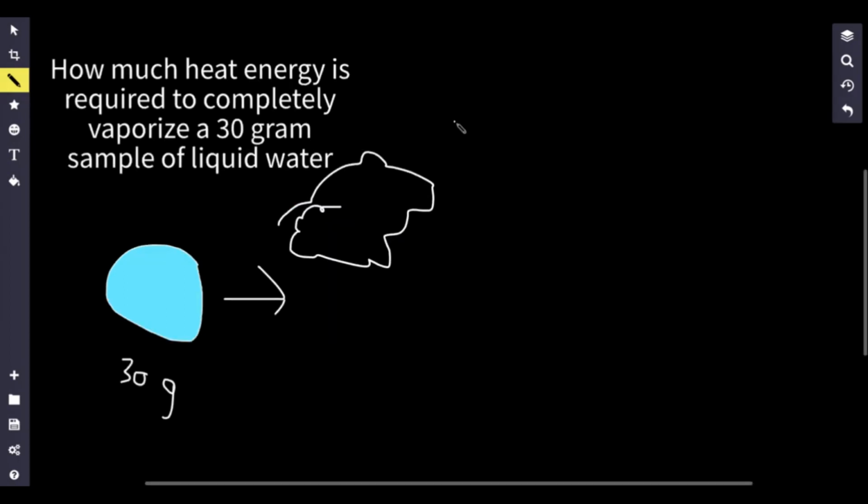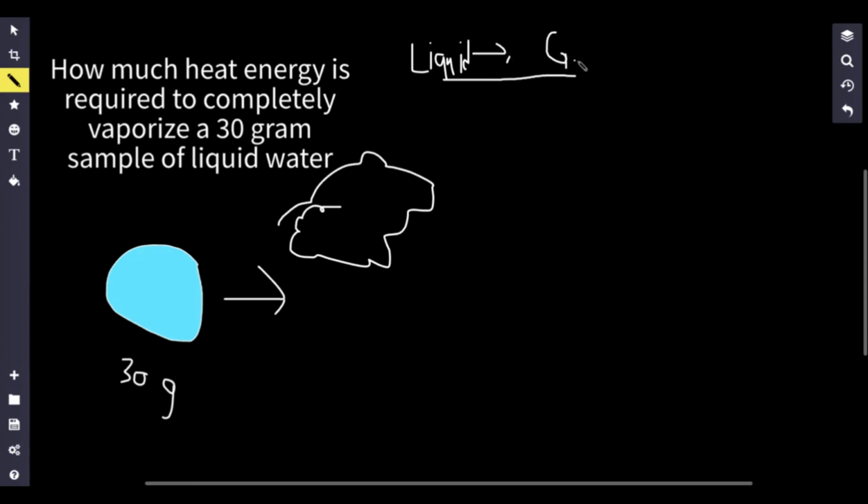Now we are asked how much heat energy is required to completely vaporize a 30-gram sample of liquid water. As you can see here, you're not really given any temperature. If you look at it from the heating curve we were talking about, our temperature is staying constant, and all we want to do is go through a phase change, from liquid to a gas.